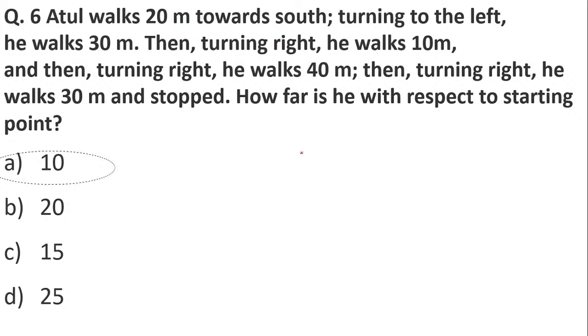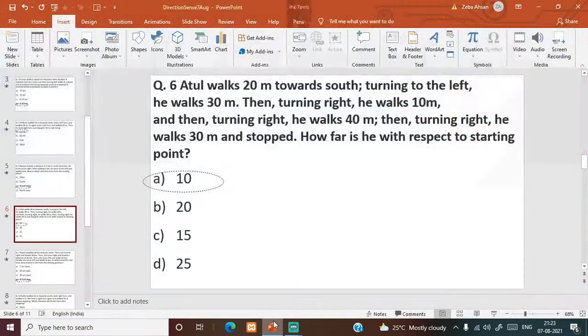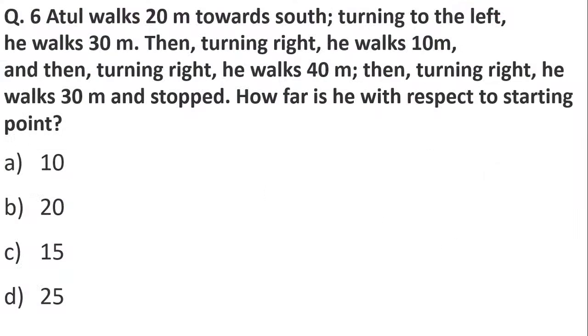Atul walks 20 meters towards south. So Atul is standing over here. He walks 20 meters to the south, then turns left and walks 30 meters. Okay, I'll just start from the beginning. Atul walks 20 meters towards the south and then turns left.